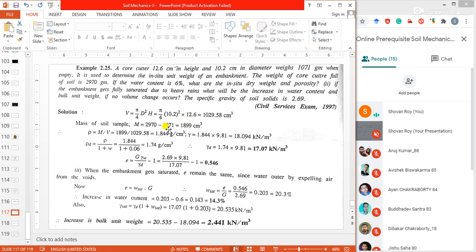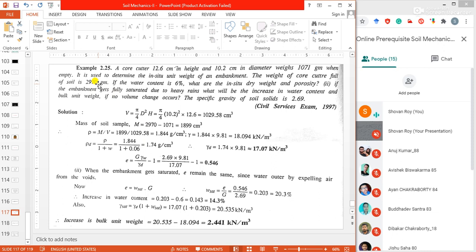But my suggestion is, if you remember the formula pi by 4 d square, it will be easy to remember, since this formula is normally used when we calculate the area. So normally we require the volume V equals pi by 4 d square h. This is the volume. The mass of the soil sample is already given, 2970 gram.